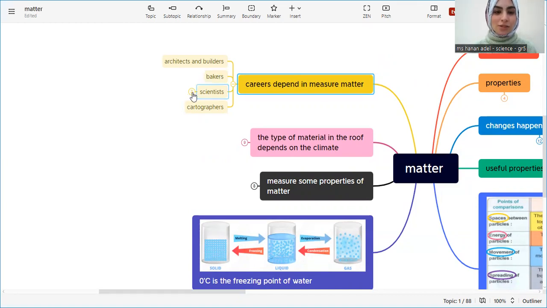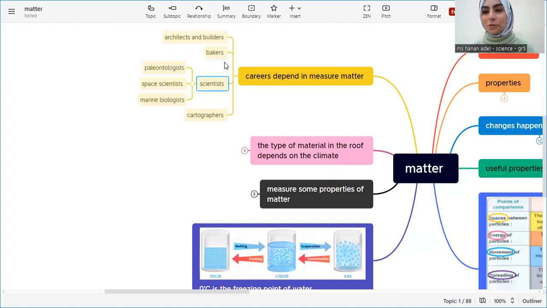The scientist, of course. Scientists everywhere, all types of scientists, need to measure things. For example, he gave us 3 examples of scientists here. The paleontologist is responsible for measuring fossils, and space scientists measure the mass of the planets and so on, the volume of them, everything about the planet.